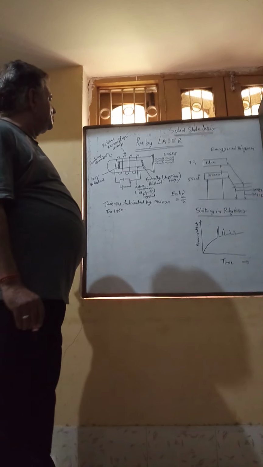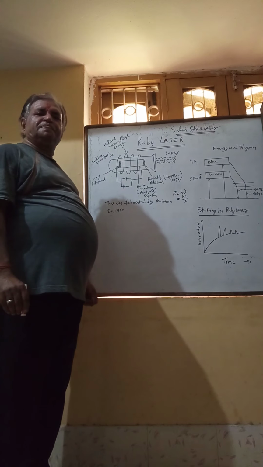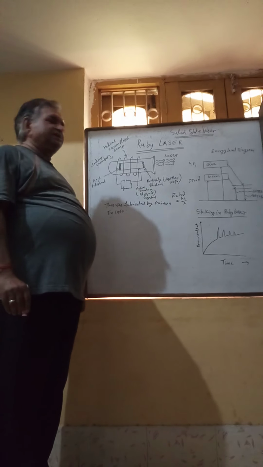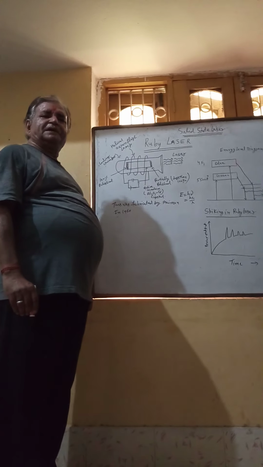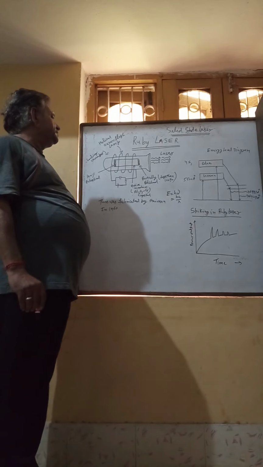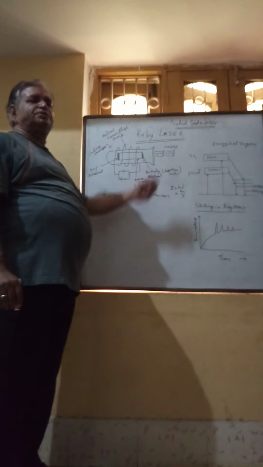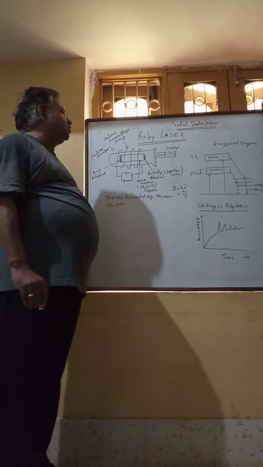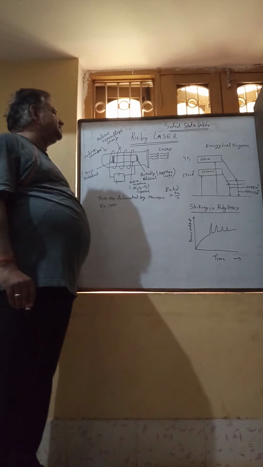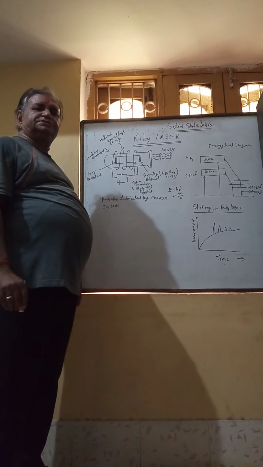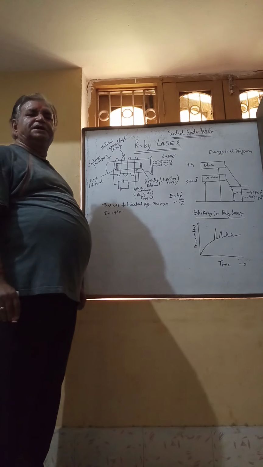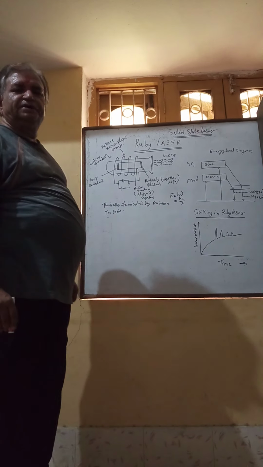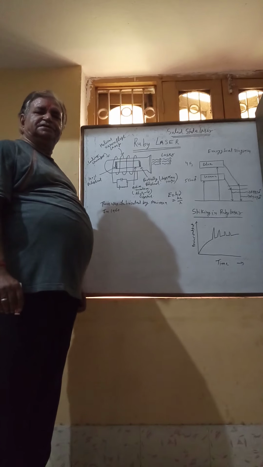It is also well known that there is an active medium in which all these three processes happen and the laser beam is produced. We have to know about three types of laser.